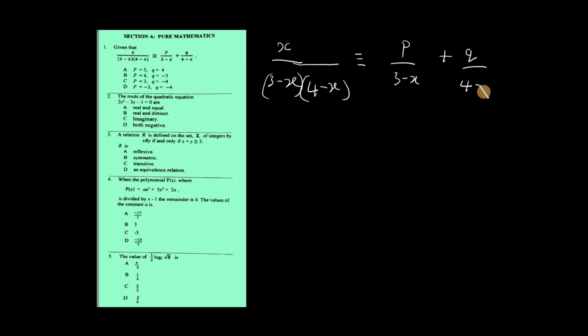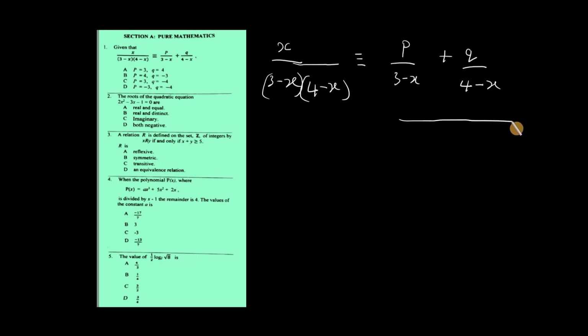This is a partial fraction with linear factors in the denominator. Normally, it is always expressed like this. So to get the values of p and q, we need to look for the LCM of the right hand side. That is, x over (3 minus x)(4 minus x) is equivalent to p over 3 minus x plus q over 4 minus x.